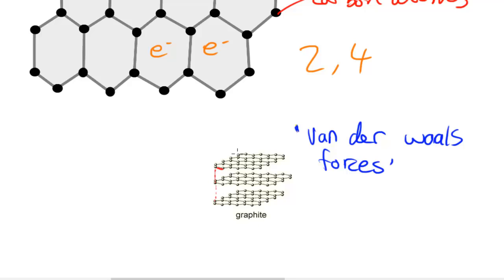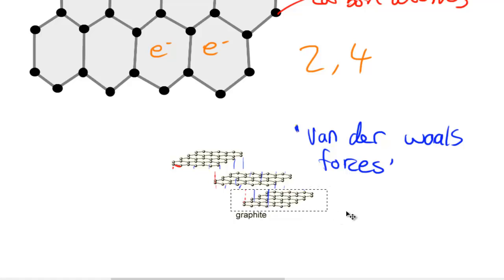Now, because of these weak forces between the sheets of graphite, the sheets can actually slide over each other. Imagine this one could slide over the top one, so this one might slide that way, and this one might slide that way.